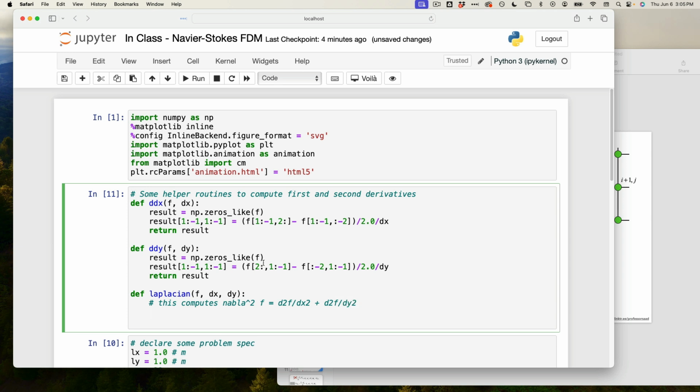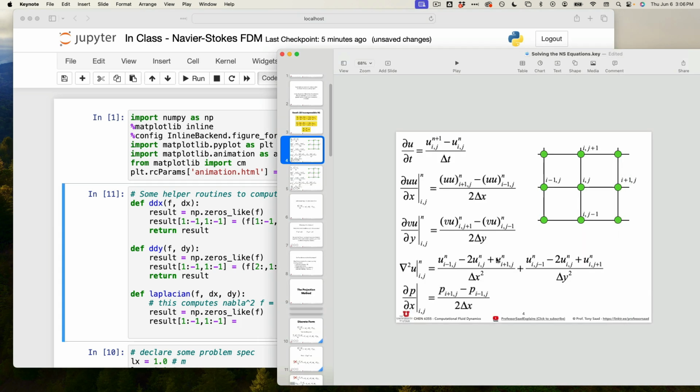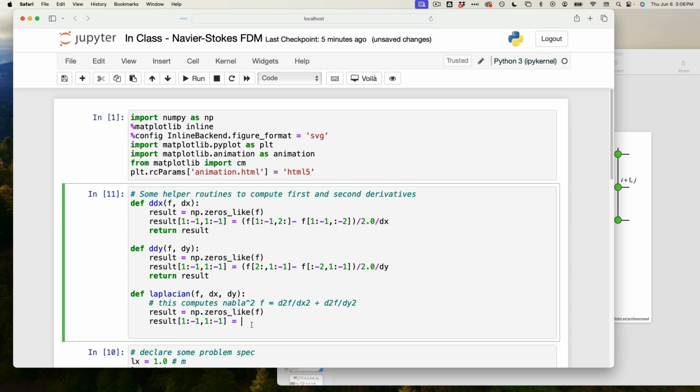So again, we declare a result, np.zeros_like f, excuse me. And again, on the interior points only, 1 to minus 1. I will do f i plus 1 minus 2 f i plus f i minus 1, etc. So I'll implement this formula over here, the central difference for the second derivative in x and in y.